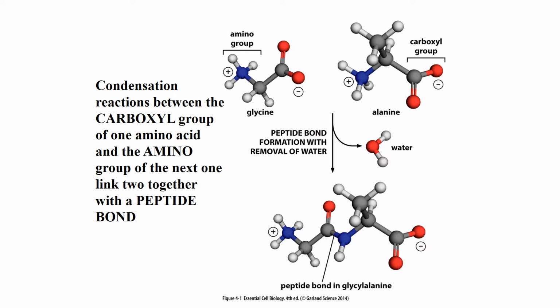A condensation reaction joins the carboxyl of one amino acid with the amino of the second amino acid. That condensation reaction, of course, releases a water molecule and it forms a peptide bond that links the two amino acids together into a dipeptide.